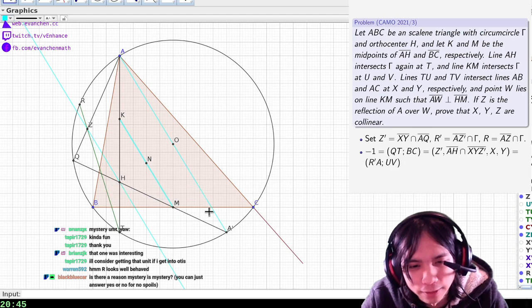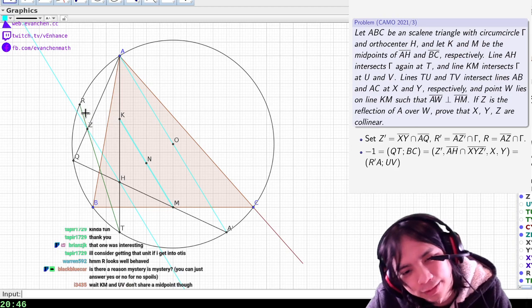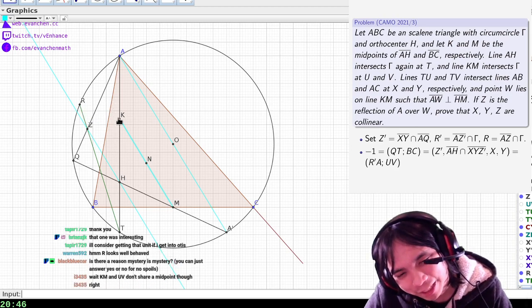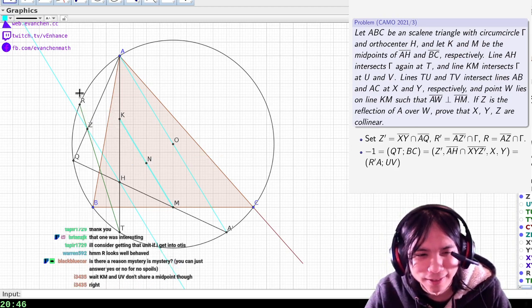So ZH is parallel to AA prime, parallel to that thing. RA is like... wait, actually, no, never mind. I take that back.